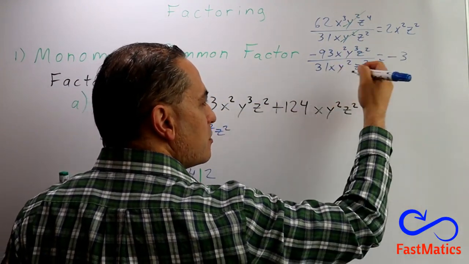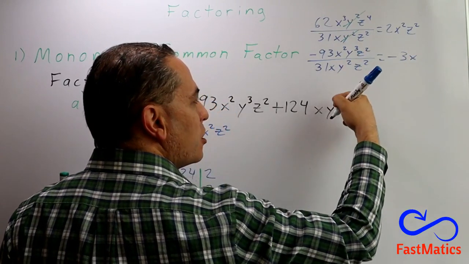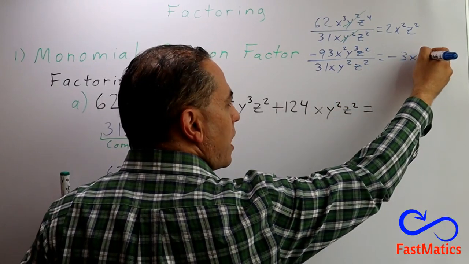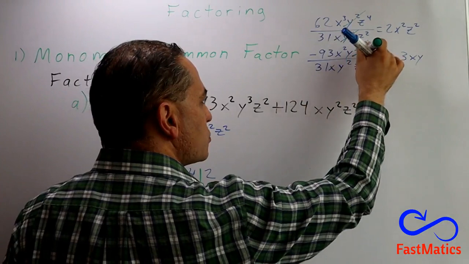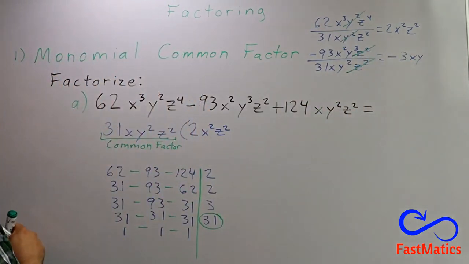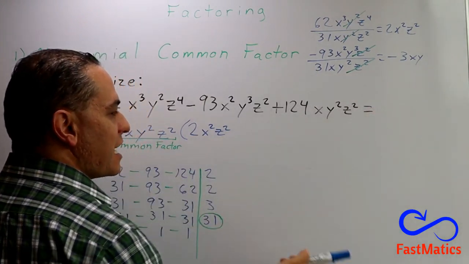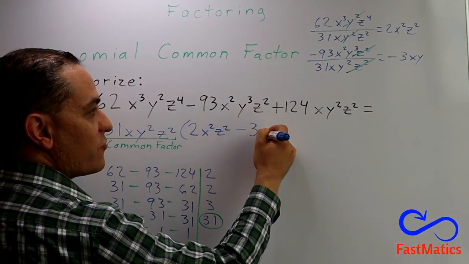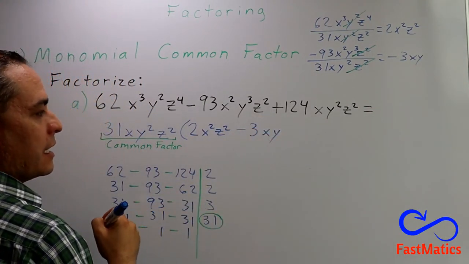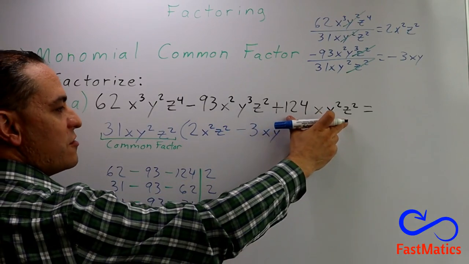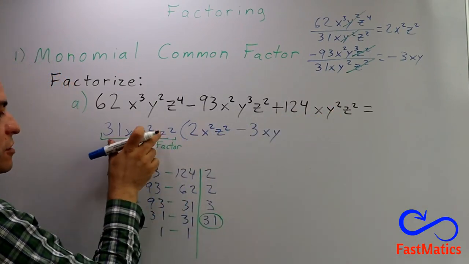X squared divided by x, x. Y cubed divided by y squared, y. And z squared divided by z squared is 1, but multiplied by the expression it is that expression. Negative 3xy.